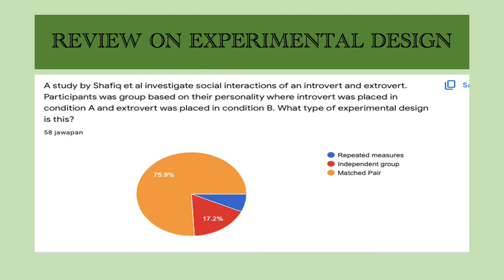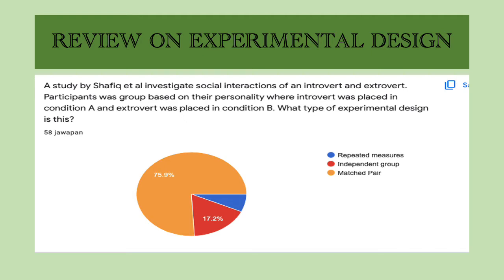experimental design is this? So 75.9% of you got it correct. Okay, matched pair is the answer. But there's still an error there, 17.2%. If you see here, the key word is the fact that they were grouped based on their personality. So from there, you already know, okay, this is matched pair because they are grouped based on what is common, which is personality, either introvert or extrovert.